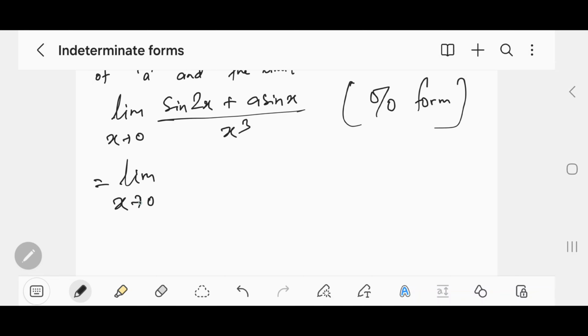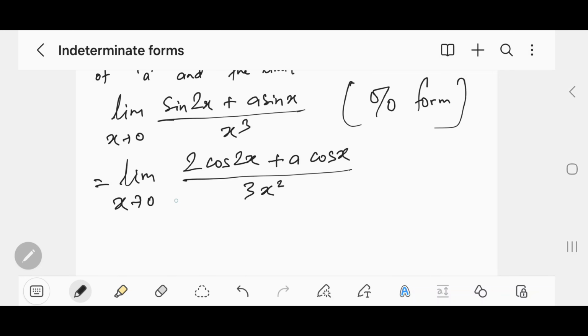With that rule, we can simply find the derivative of the numerator and the derivative of the denominator and write it down. So the derivative of the numerator here will be how much? 2 cos 2x plus a cos x divided by 3x square.